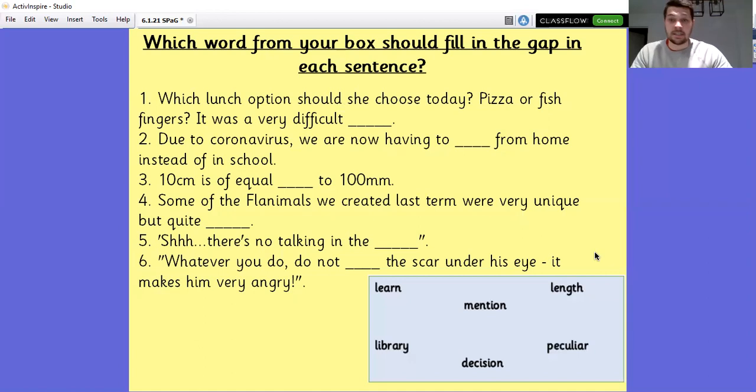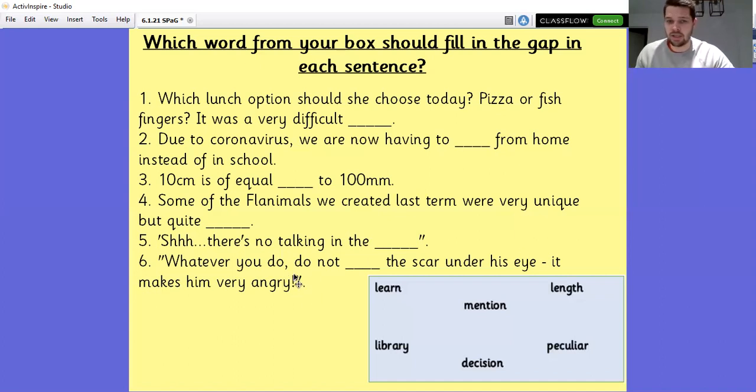Number four, some of the flanimals we created last term were very unique, but quite blank. Number five, shh, there's no talking in the blank. And finally, whatever you do, do not blank the scar under his eye. It makes him very angry.